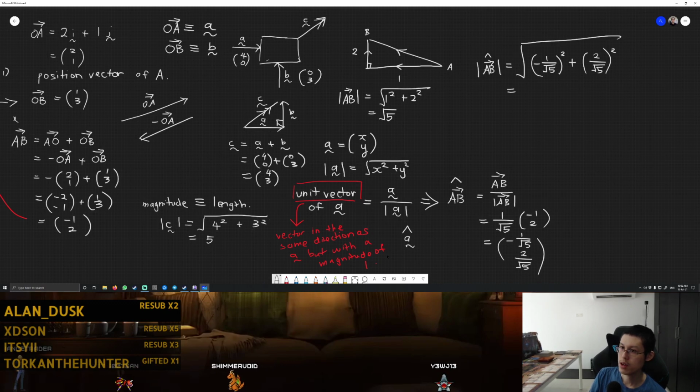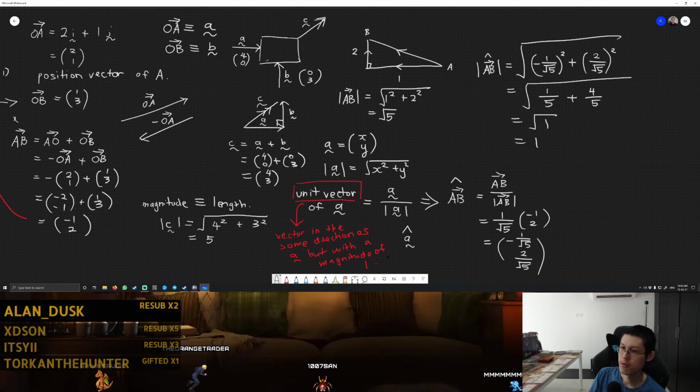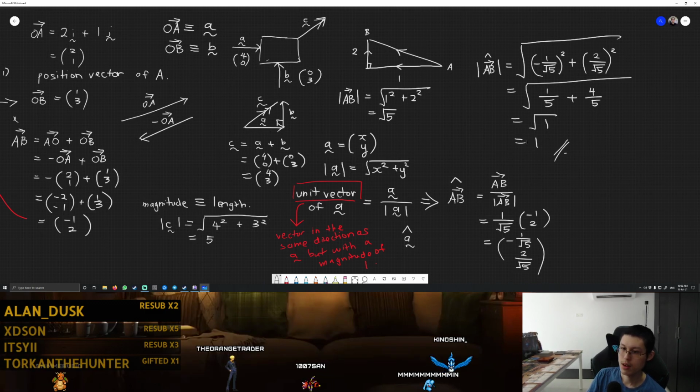If I square negative 1 over root 5, I'm going to get 1 over 5, and this one is going to give me 4 over 5. If I add them up, I'll get 1. So the square root of 1 is 1. So as you can see, the magnitude of a unit vector is always 1. Okay, there you go.